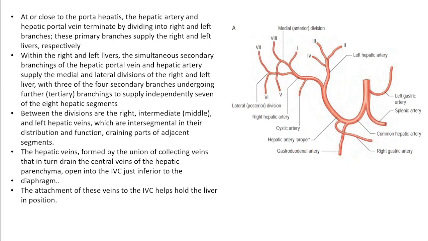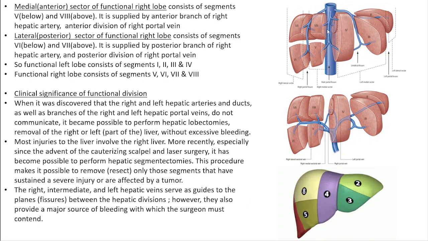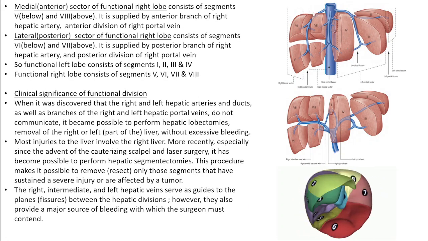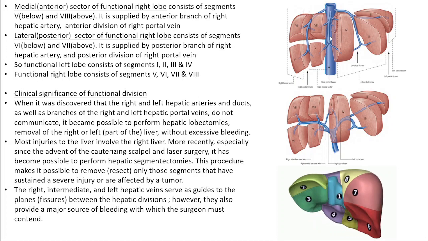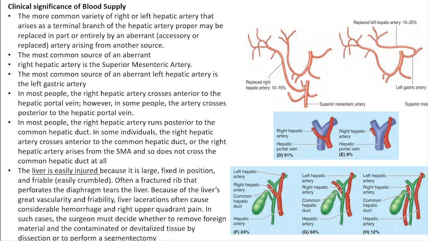Then the main portal fissure, the middle hepatic vein, will drain the adjacent parts of the right as well as left lobe. So these are all formed by the union of the central veins of the hepatic lobules. Then the attachment of these veins to the IVC, which we have already studied, helps hold the liver in its position.